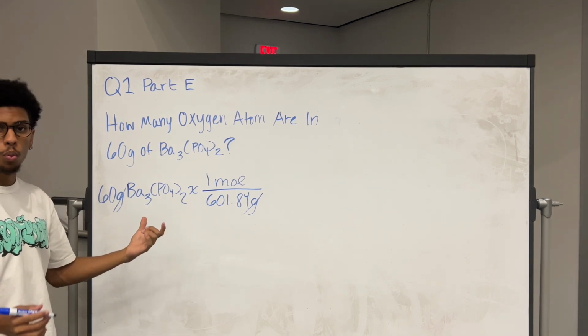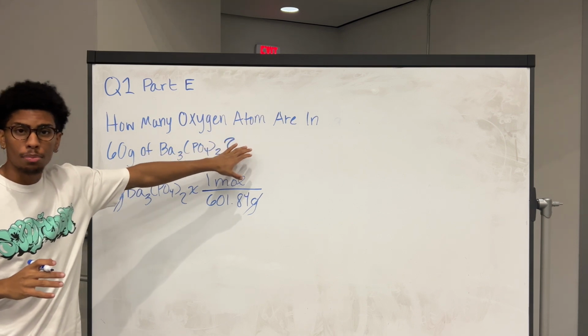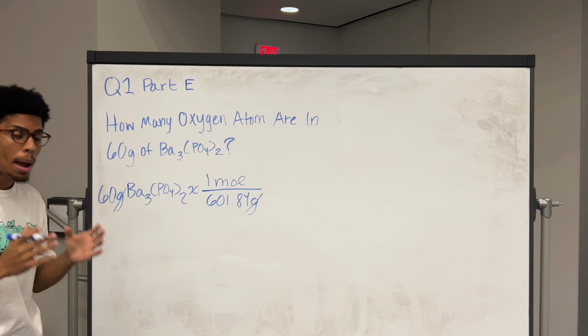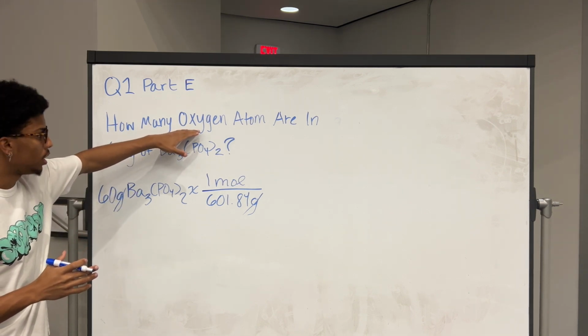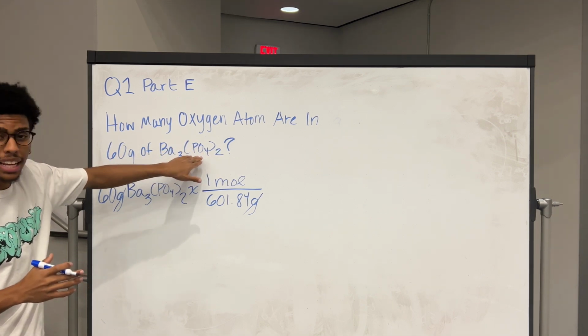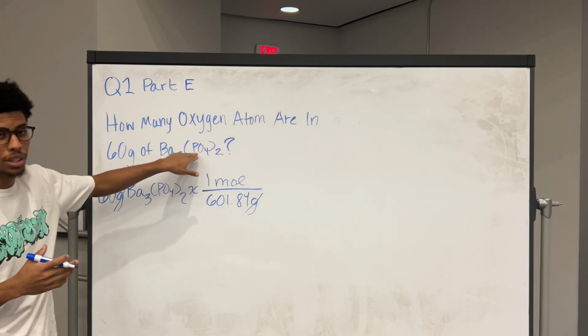So what do we do now? We want to convert to atoms. But before we do that, we need to remember what we are talking about here. We're talking about oxygen. We're not talking about the complete compound, but we're singling out oxygen. So let's convert this to focus on oxygen within this compound.